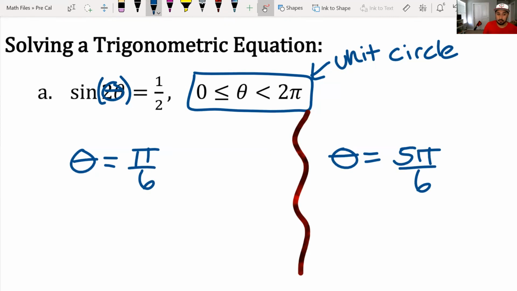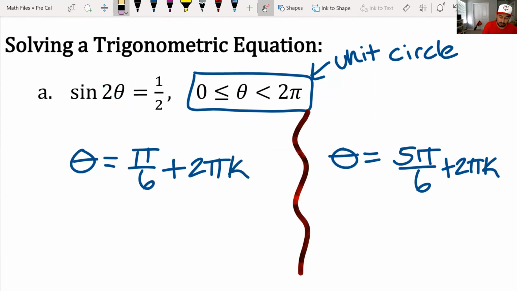And now we make the general solution. We go by the revolutions, the period, the cycle of sine, and that is every 2 pi k. But we are forgetting something. This wasn't theta, it was 2 theta.